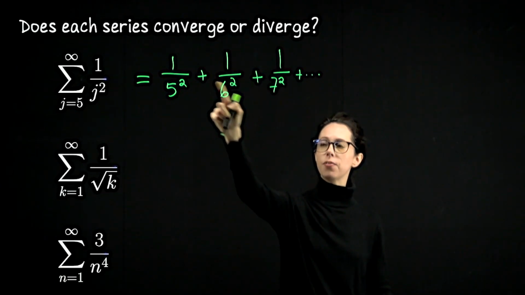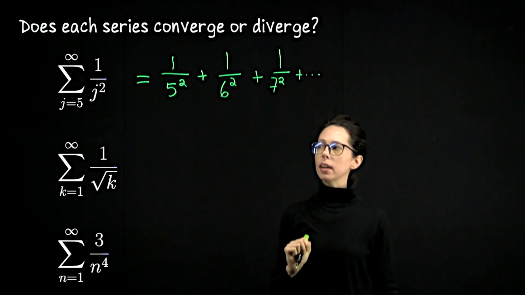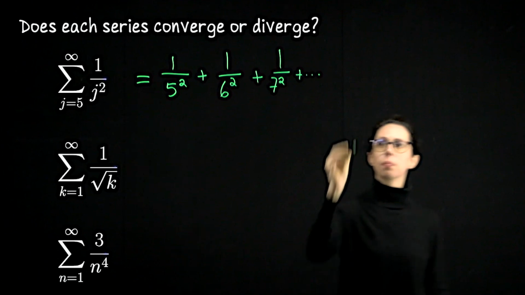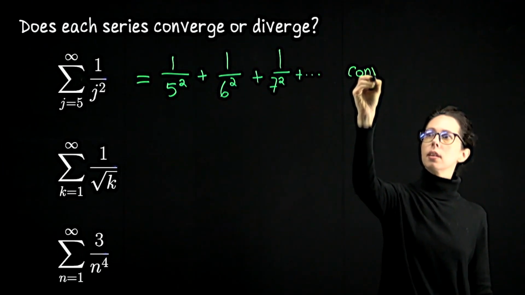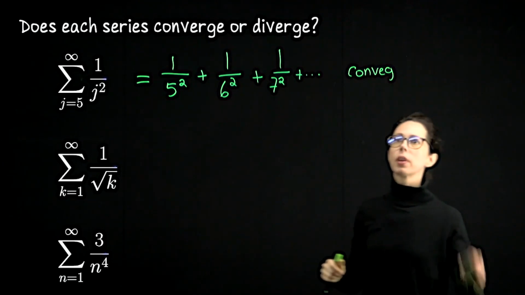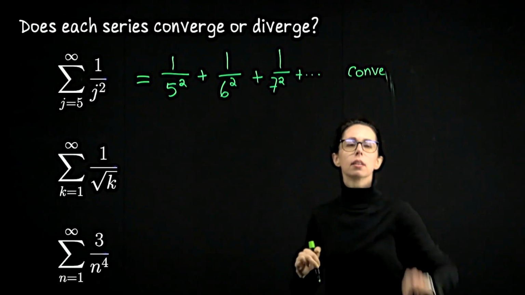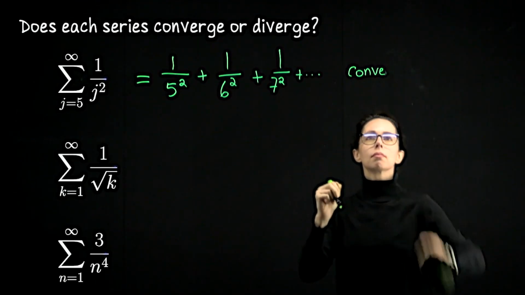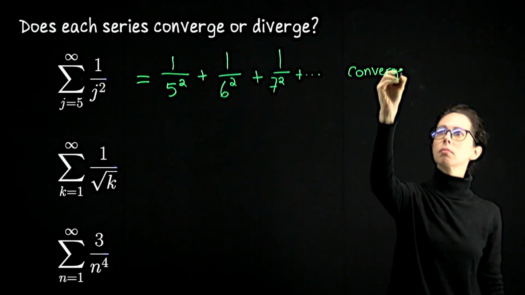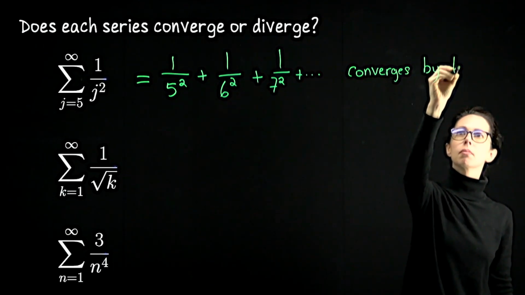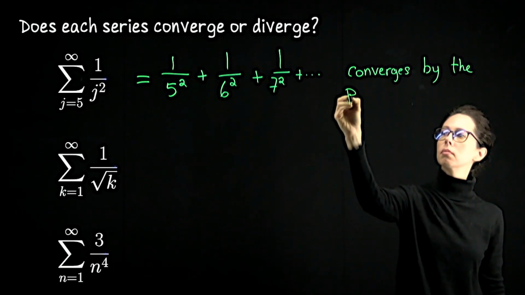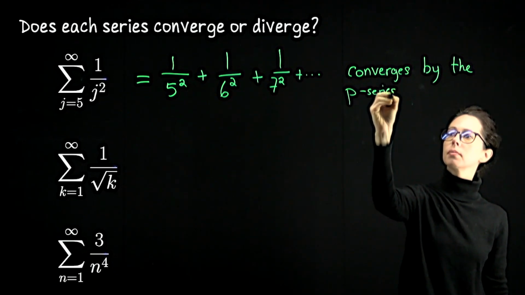The exponent is fixed at 2. Here, this is a p-series with p equals 2. So we can say it converges by the p-series test with p equal to 2.